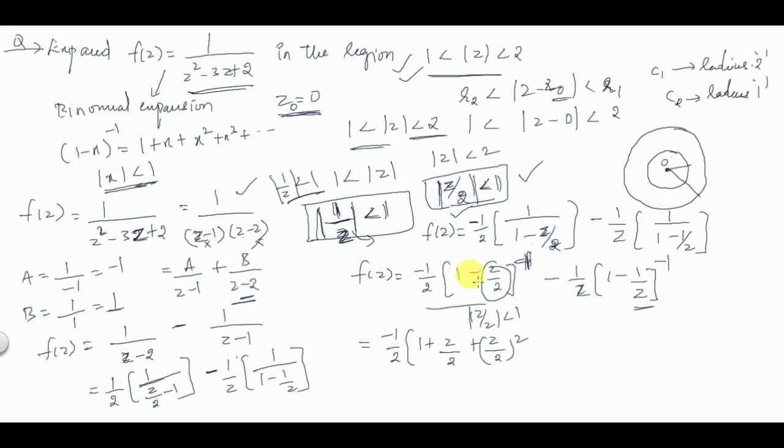Here negative and here also negative, so 1 minus x whole power minus 1 is 1 plus x plus x square plus x cube and so on, plus z by 2 whole cube and so on, minus 1 by z into 1 plus 1 by z plus 1 by z whole square plus so on.